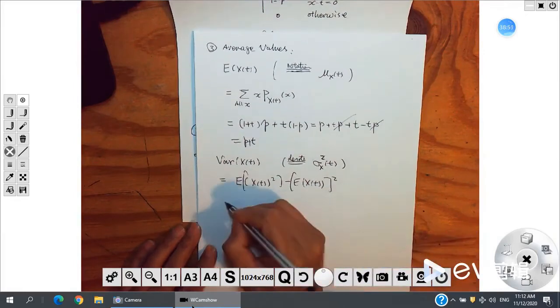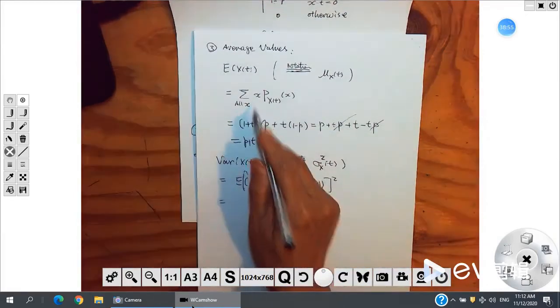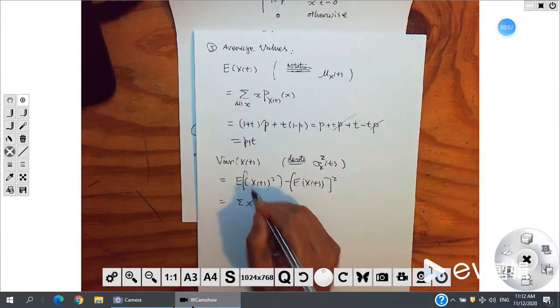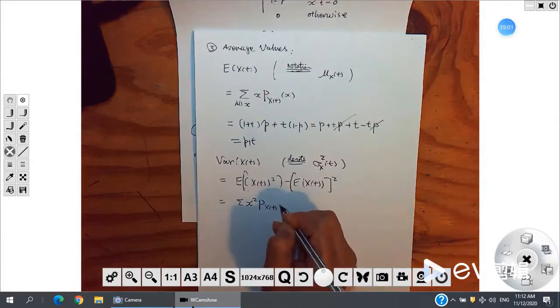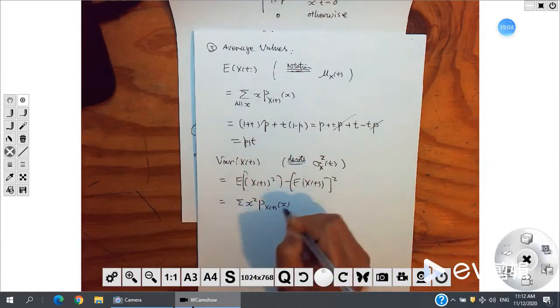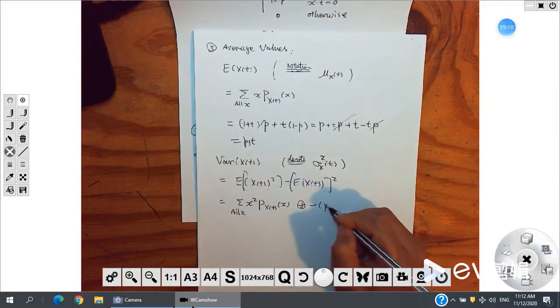Right. Then this will be similar. We do the summation, but now I need a square. So x squared and the probability mass function of x of t, plus and minus the square of this, which is p plus t squared.